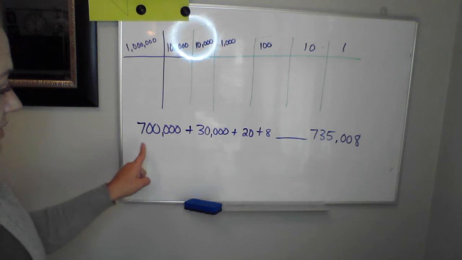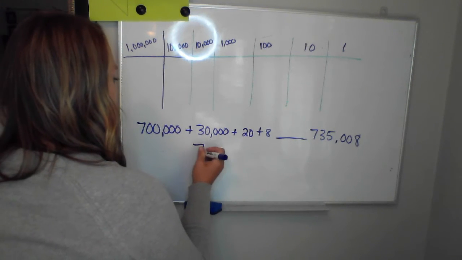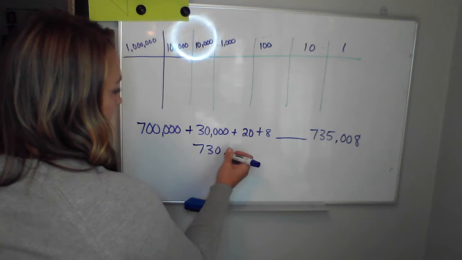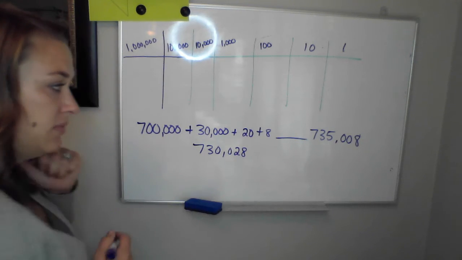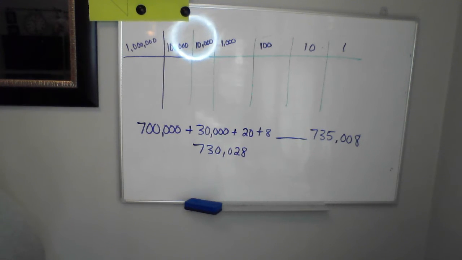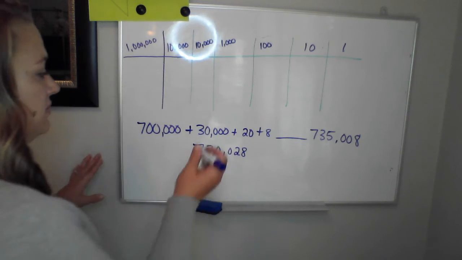So I'm going to rewrite this as 730,028. Okay. Now when we look at that, it might be a little bit easier to differentiate which one's larger, which one's smaller. Okay, but I'm going to double check myself by using the place value chart.